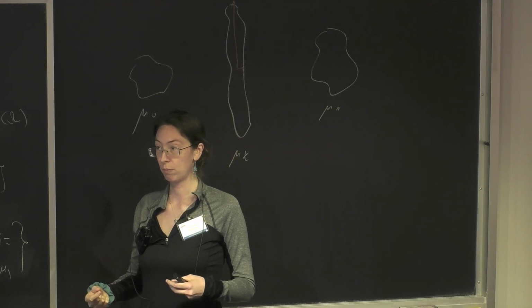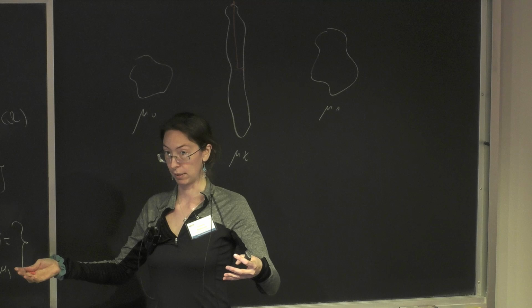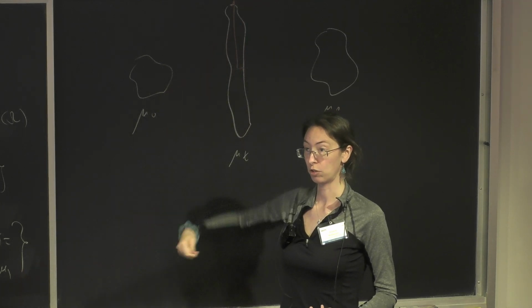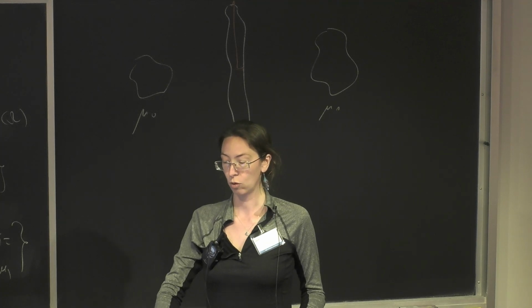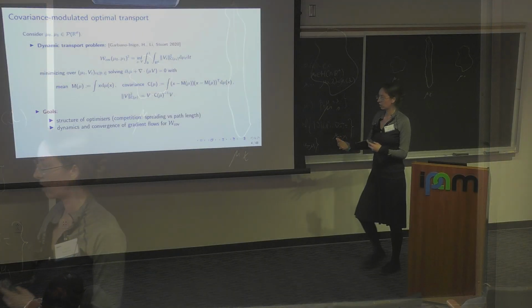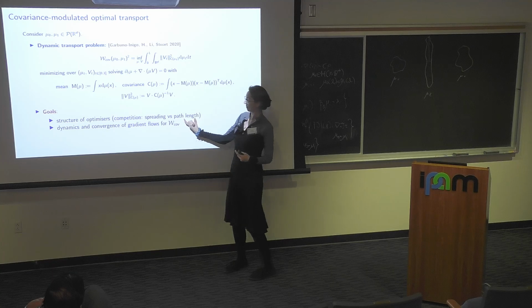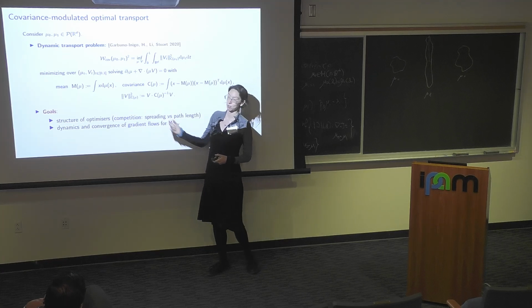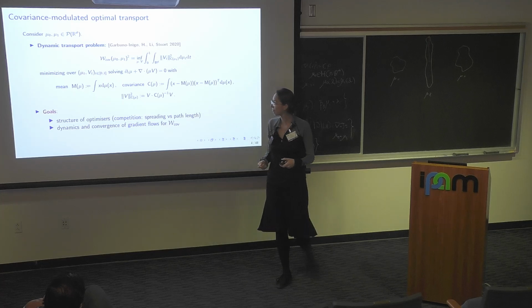It might actually be cheaper to spread out the mass a little bit in these directions where the covariance matrix is large in order to reduce the overall cost. And so you have this competition effect between minimizing the path lengths that each of the mass particles has to travel and spreading the mass out.